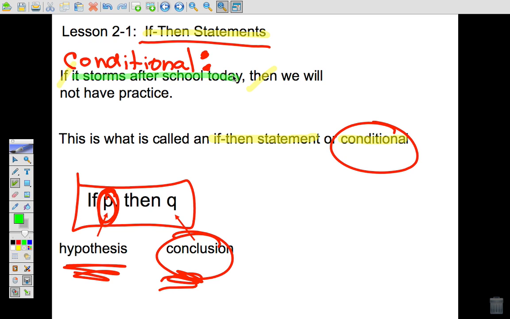The part that follows the word then, and I'm going to put that in yellow, we will not have practice, is the conclusion. So if it storms after school today, that's the hypothesis. If that happens, then the conclusion will be we will not have practice. So that's typically a conditional as far as how it's set up.